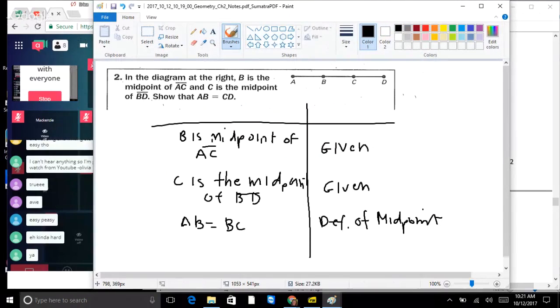Okay. We also know that BC is equal to CD, and that is by the definition of midpoint.